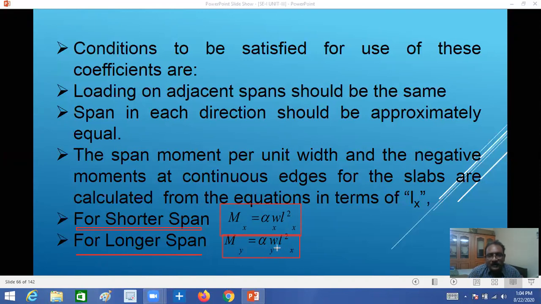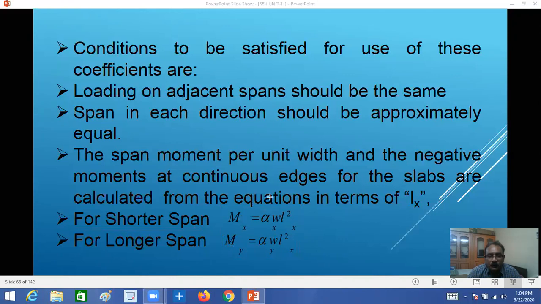W is the uniform load on the slab, and here you have to take lx squared, only the shorter span. For the longer span also, the equation is My equals alpha y w lx squared. So if you know the moments, you know how to calculate the reinforcement.